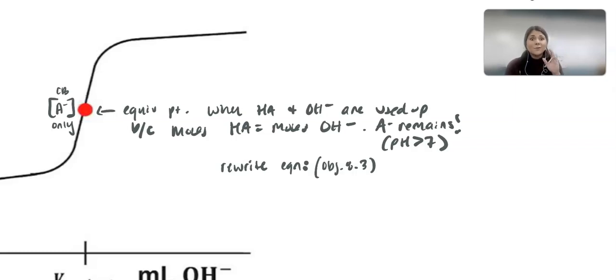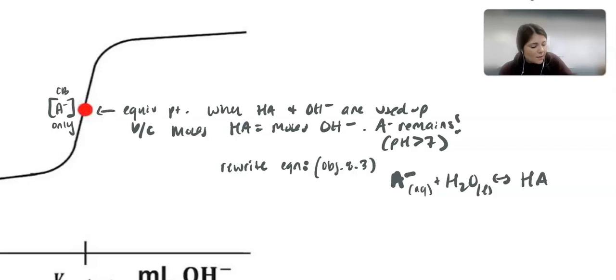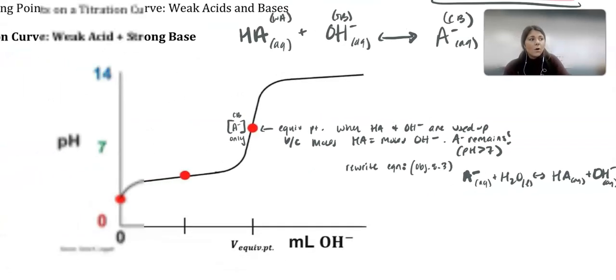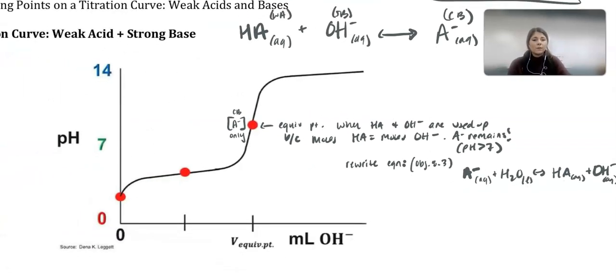And honestly, you just flip the reaction. So here, this would be A minus in water. Again, it's weak, making a conjugate acid and base. This is all from 8.3, trying to write reactions that are weak and in equilibrium.